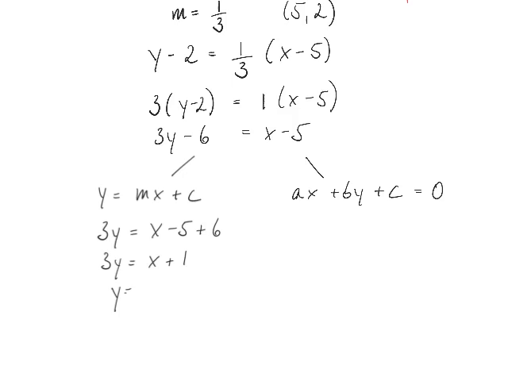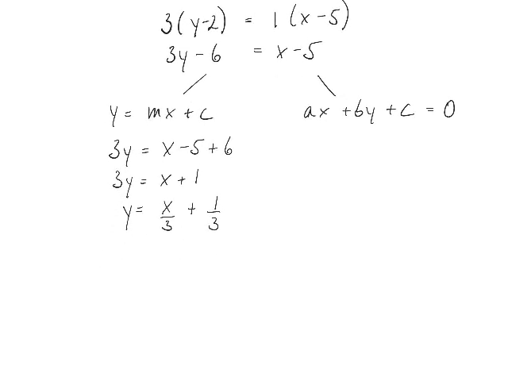Y equals x over 3 plus 1 over 3. Both need to be divided by 3. So we could rewrite this as 1 over 3 x plus 1 over 3. And as you can see, this is again the slope, the slope 1 over 3.